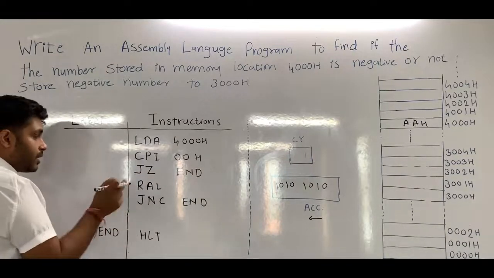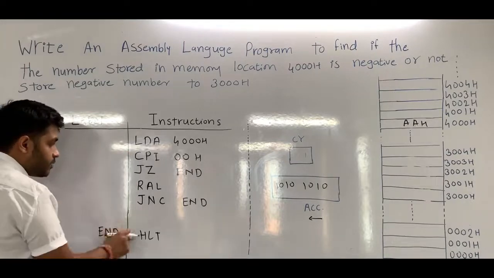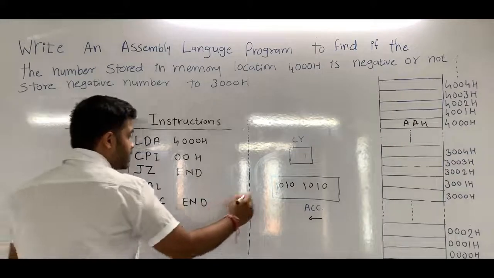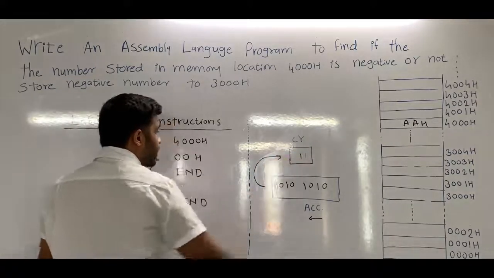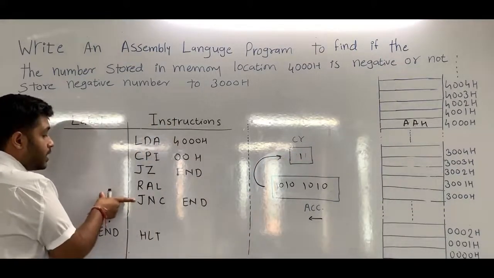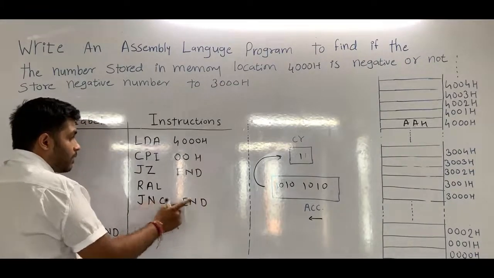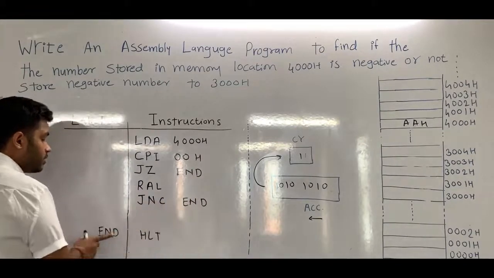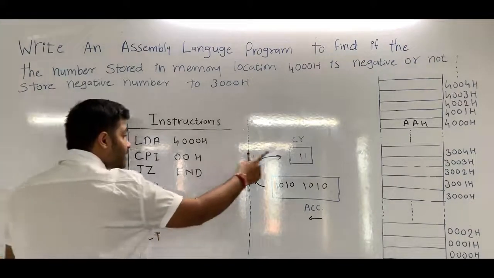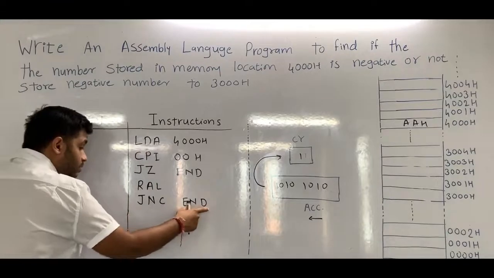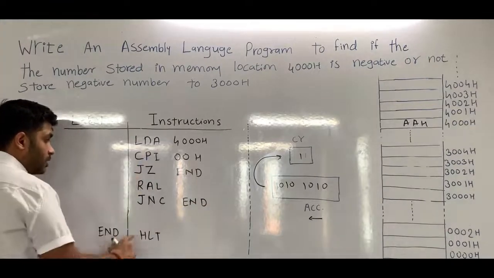If the zero flag is not set, the sequence will be followed, so RLC will be executed. When RLC is executed, in the carry we will get 1. After that, we can see JNC END. So after rotating, if carry is not generated, we will jump to end. But in this example, the carry is generated. So we will not jump to end, but we will follow the sequence.